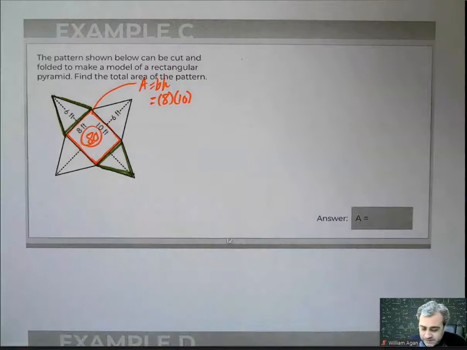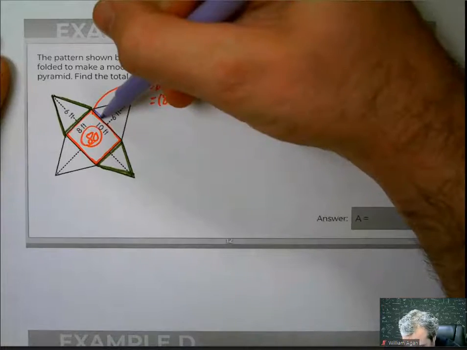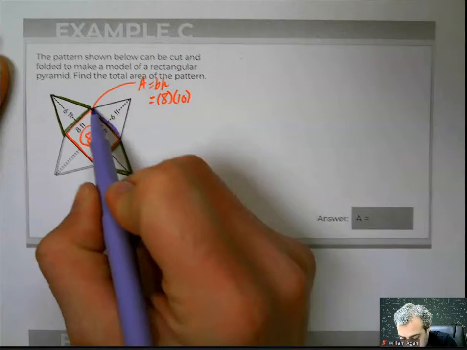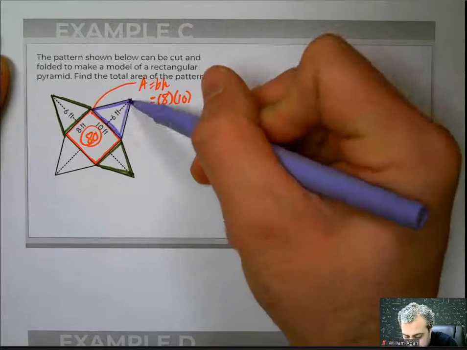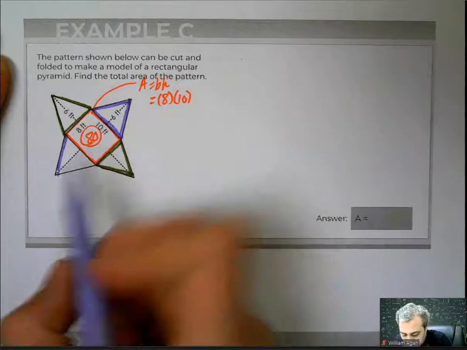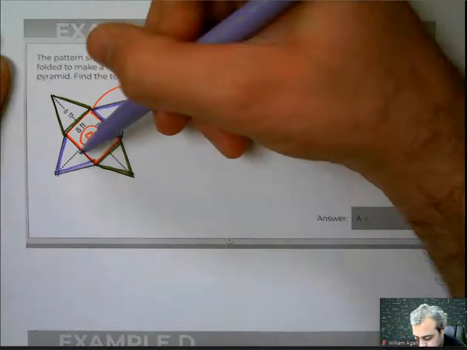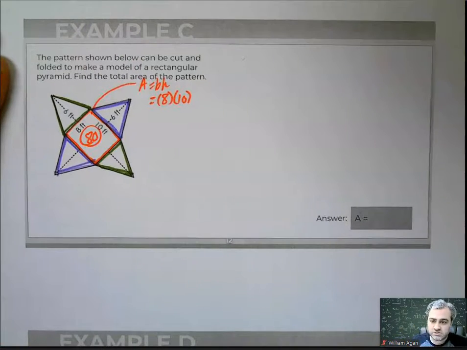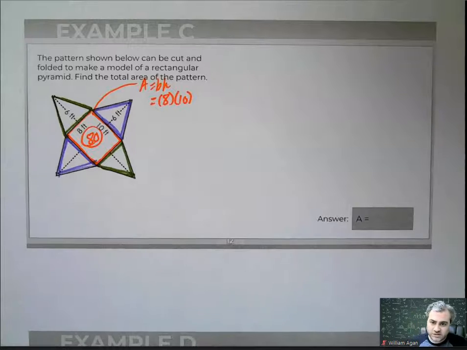And the same thing happens for the other two. This one is going to be exactly the same as the one across from it. Okay, so let's go ahead and find the area of these shapes.